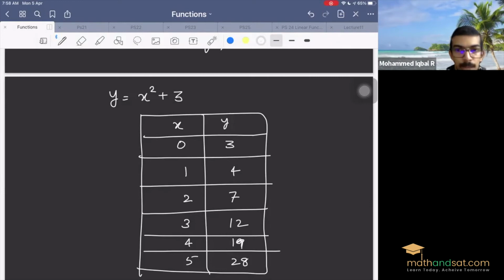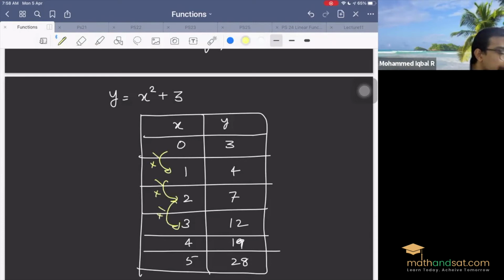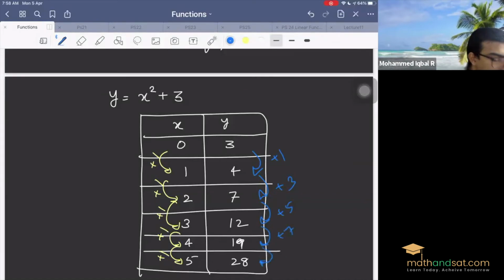No, right? There is no. See, your input changes by 1 unit every time, but what happens to your output? Here it is plus 1, here it is plus 3, here it is plus 5, here it is plus 7, here it is plus 9. It is not the same.